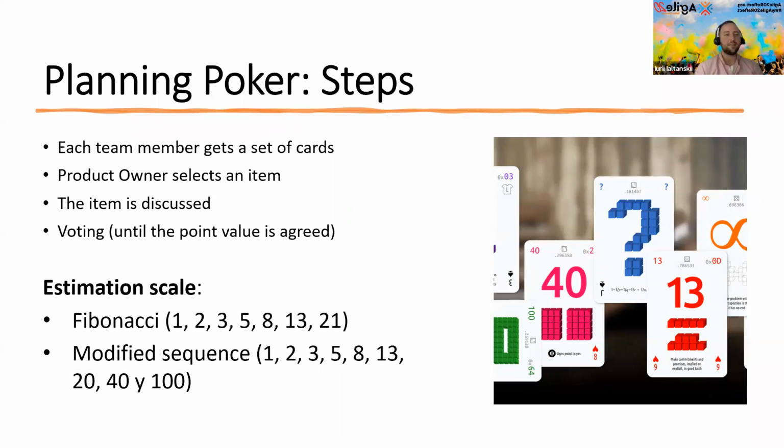Then the discussion ends, and after that we have another voting cycle where the whole team repeats the voting process until the number is agreed. Okay, any question on that?